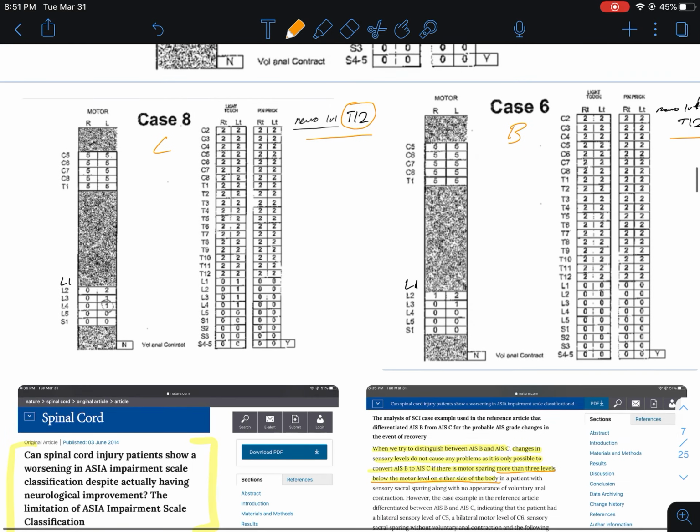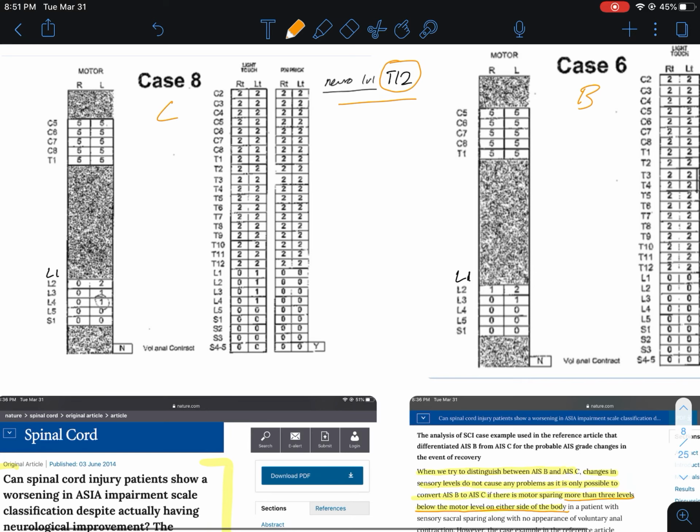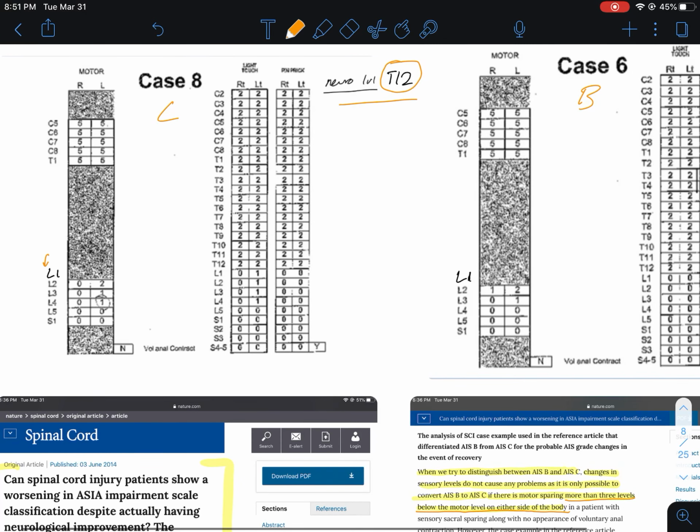And so what I think was left out in these cases is L1. So I wrote that in there. And I'm going to count off those levels until I get to the 4th level. So I'm going to cross out L1, L2, and L3. Those are 3 levels. And then L4 is the 4th level.